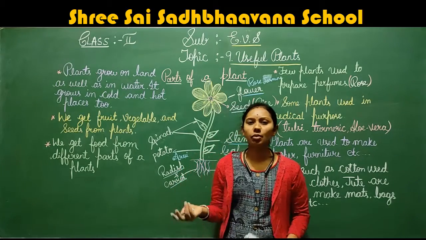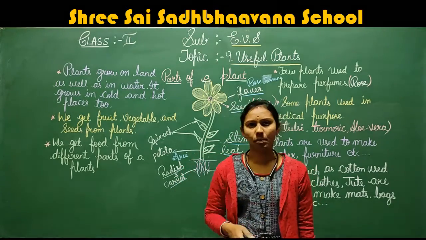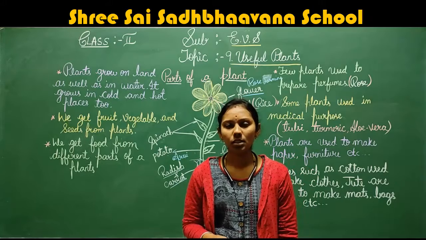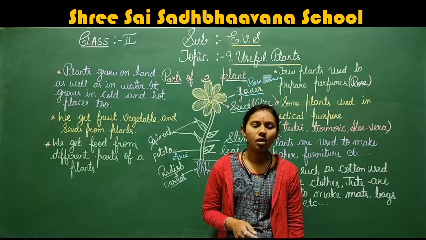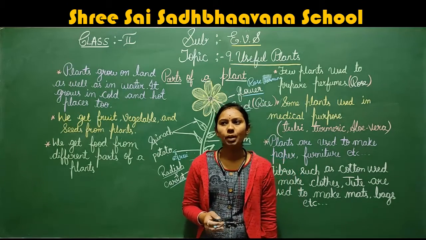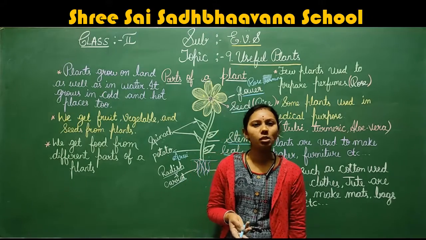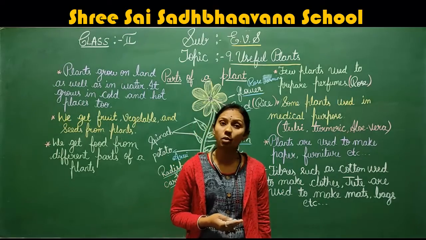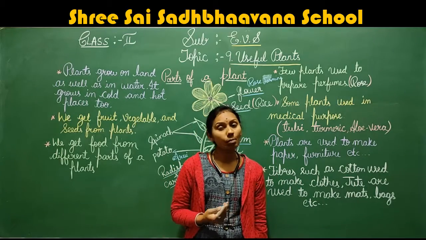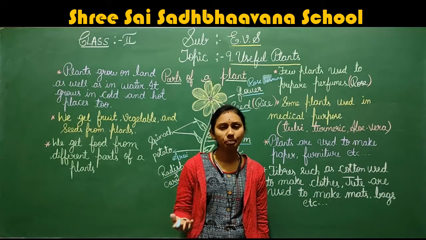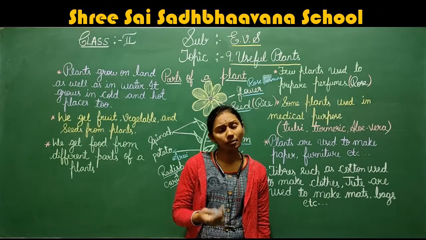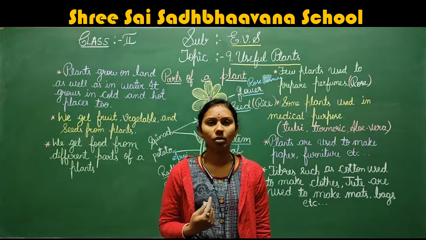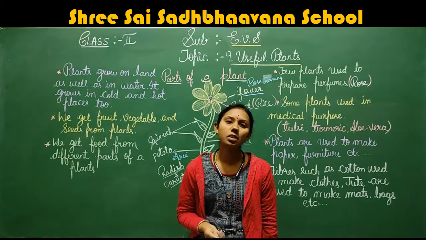Okay, these oils we are using for cooking purpose. Okay, children, understood? Yes. In some places they are using coconut oil for cooking food. In some places they are using groundnut oil. Some people use sunflower oil also for cooking food. Some people use mustard oil.